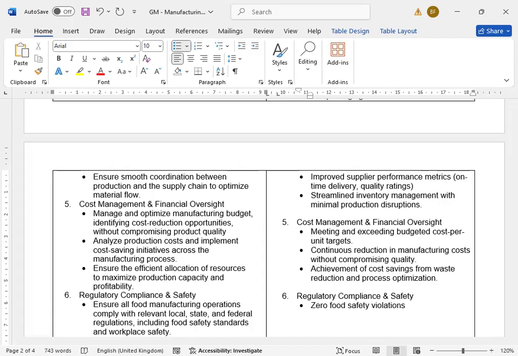No contamination, no cross contamination, following the GMP, good manufacturing practices, no violation in HACCP, no violation in ISO, things like that, or non-conformances.